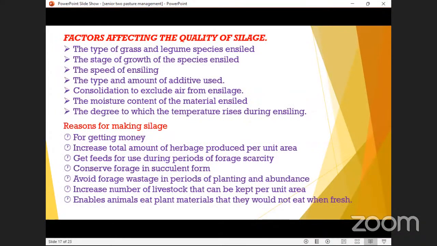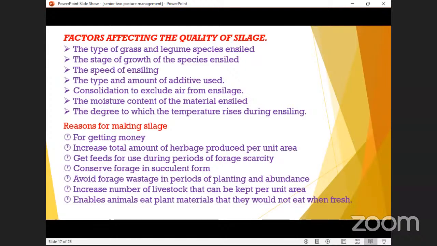We have factors affecting the quality of hay. Last time we talked about the type of the crop and the stage of flowering. Now here, let's look at some factors which will affect the quality of silage: the type of grass and legume species ensiled, the one which has been put inside the silo, the cavera; the stage of growth of the species ensiled, after flowering or before flowering; the speed of ensiling. If you take long to ensile it, you allow air to enter inside, so when you prevent air from entering inside, it is good.